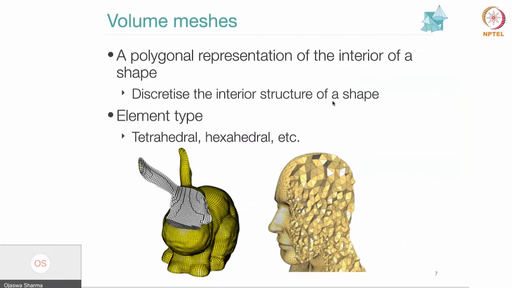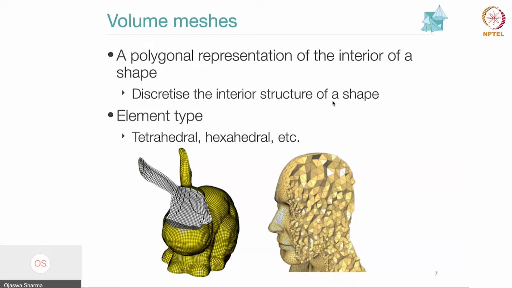Okay, so we discussed a lot about surface meshes. Let's see what volume meshes are. Similar to surface meshes, a surface mesh represents the boundary of a solid. What if I want to also model the interior of the solid? That is, I want to model the solid itself. I can do that with what are known as volume meshes.